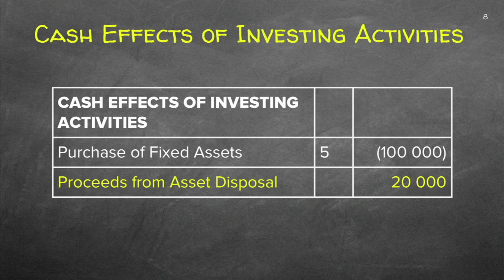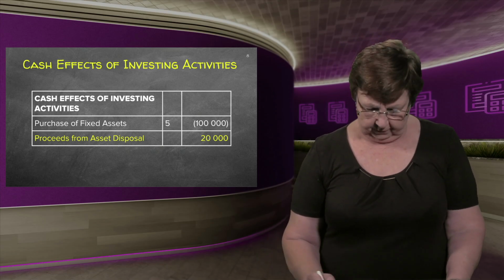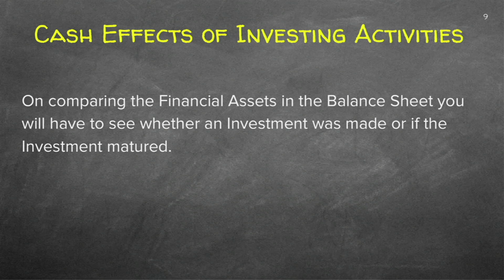So how would I show that in my cash flow statement? Previously, we did the purchase of assets. Remember, I mentioned note number 5 and 100,000 flowed out. Now, I'm adding the proceeds from the asset disposal, which is 20,000. Please note here, there are no brackets. Reason: money is flowing into the business.